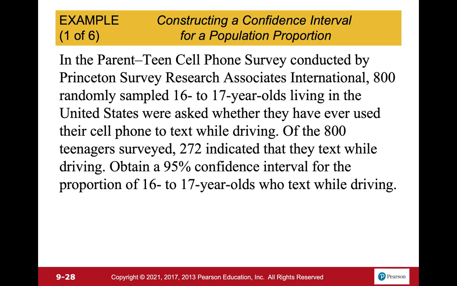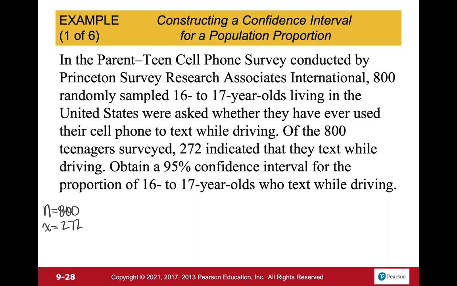All right, let's grab this information. So 800 randomly sampled 16 to 17-year-olds, so we have n is equal to 800. They were asked whether they have ever used their cell phones to text while driving. Of the 800, we have x equaling 272 who indicated that they text while driving.